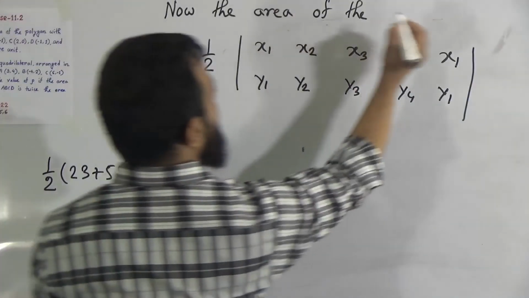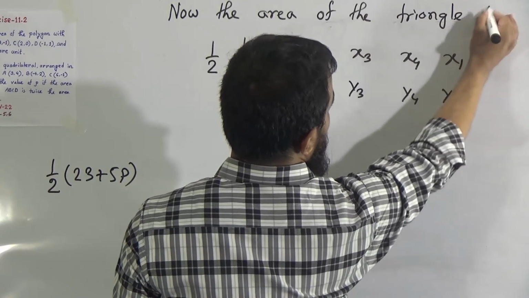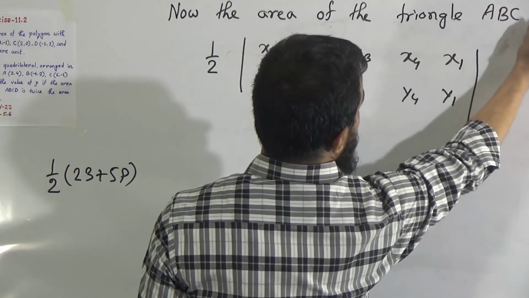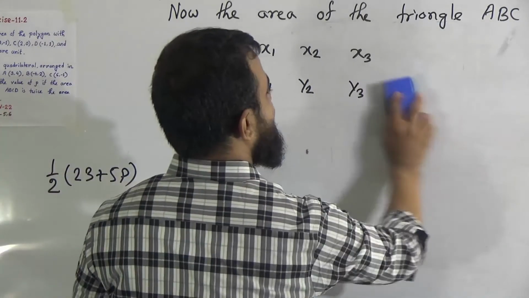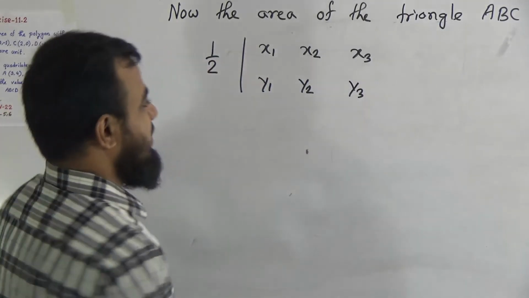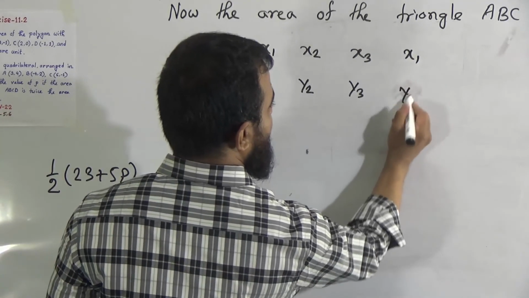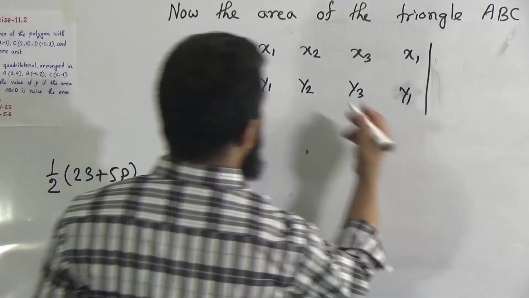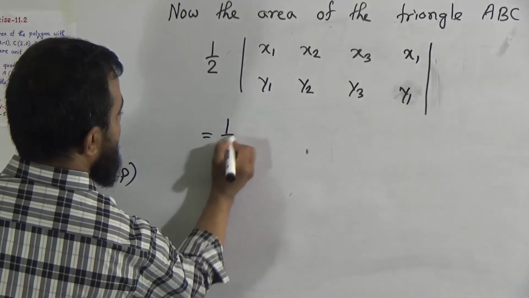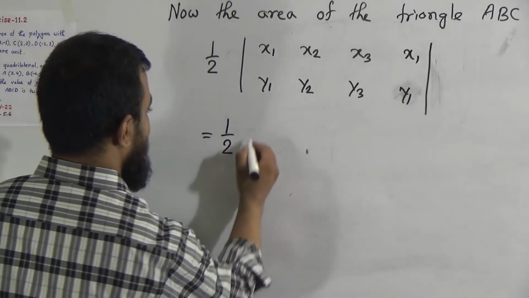The area of the triangle ABC is half of x1, x2, x3, then y1. Okay, I hope you have understood. Now we will need to put the value of these points, the value of x1, x2 and x3.